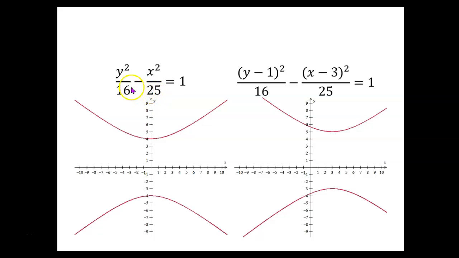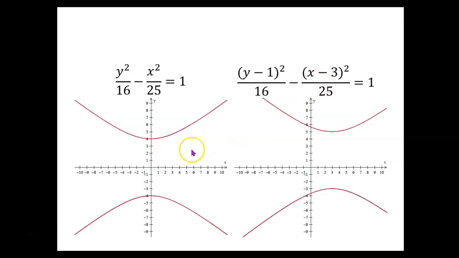Now, if we took this hyperbola, y squared over 16 minus x squared over 25 equals 1, and replace y with y minus 1, and replace x with x minus 3, then that just shifts everything 1 space in the y direction and 3 spaces in the x direction.